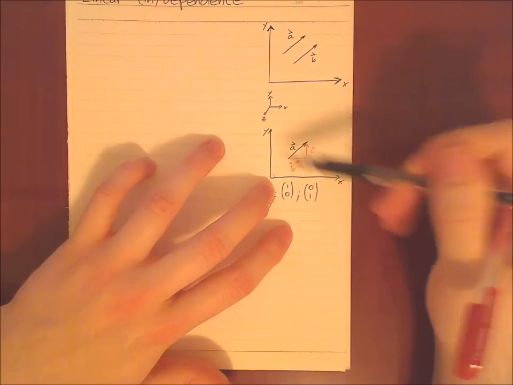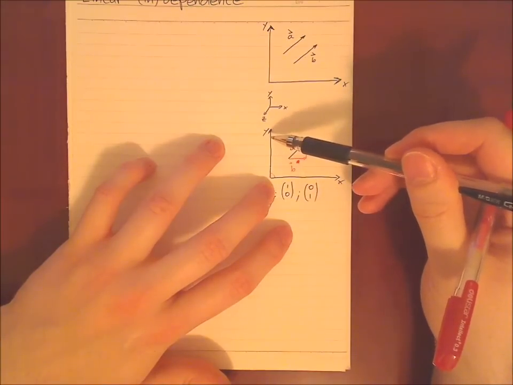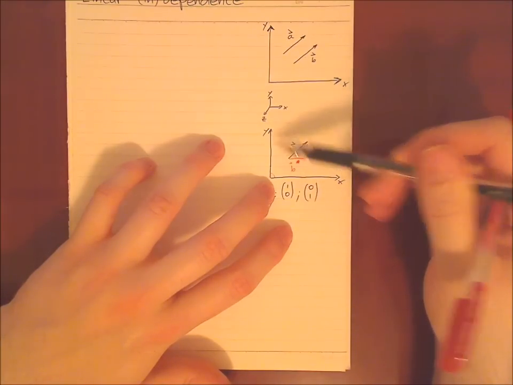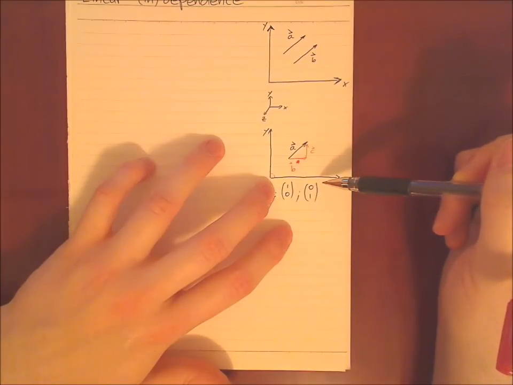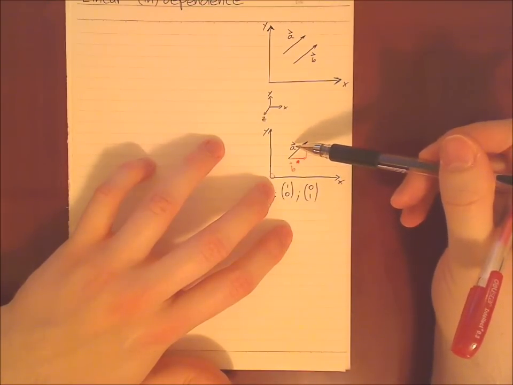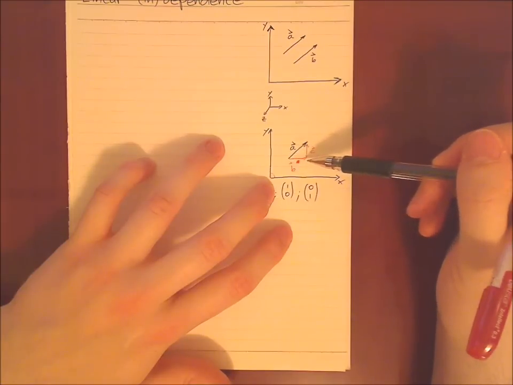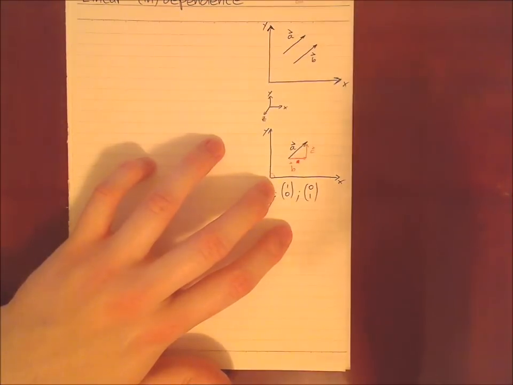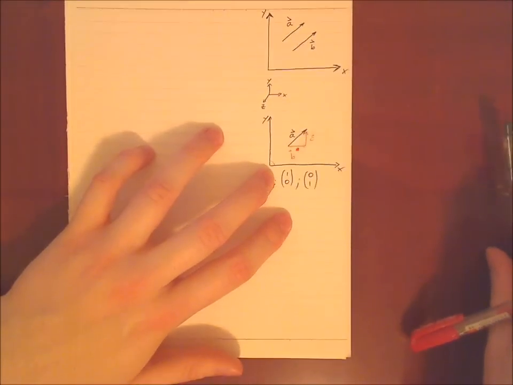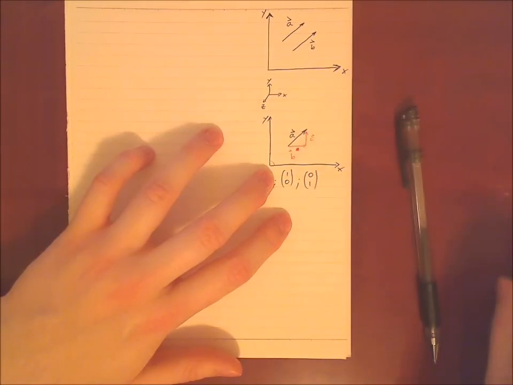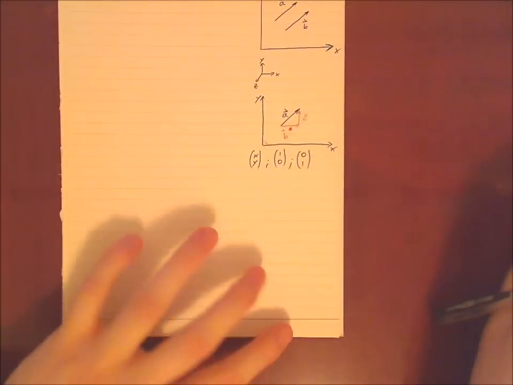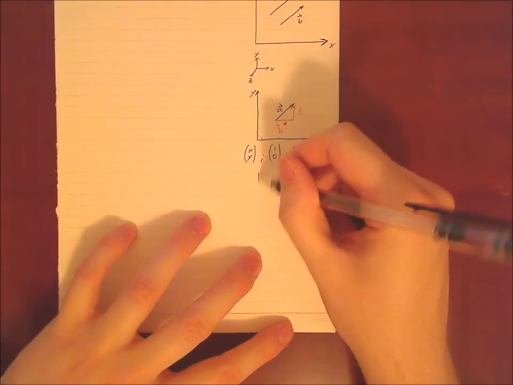I cannot construct x through some addition or multiplication of y. But if I take all 3 vectors, I can say, okay, there's some linear dependence. Why? Because I can construct A by adding a certain proportion of x to a certain proportion of y, and then I end up with A. And that's actually the principle. And maybe we can have some more examples so that you can understand it.